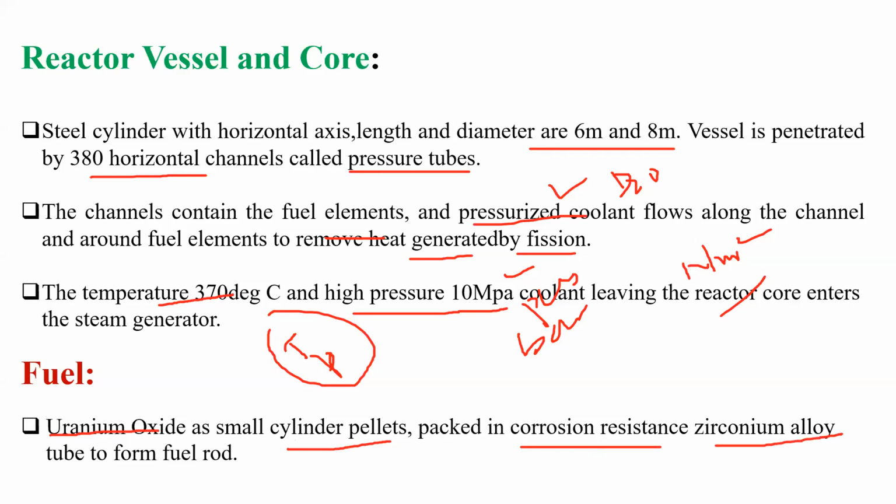Whatever the case, natural uranium is used. This natural uranium is uranium oxide, in the shape of cylindrical pellets, as you observe in the diagram, and it is packed in zirconium alloy.